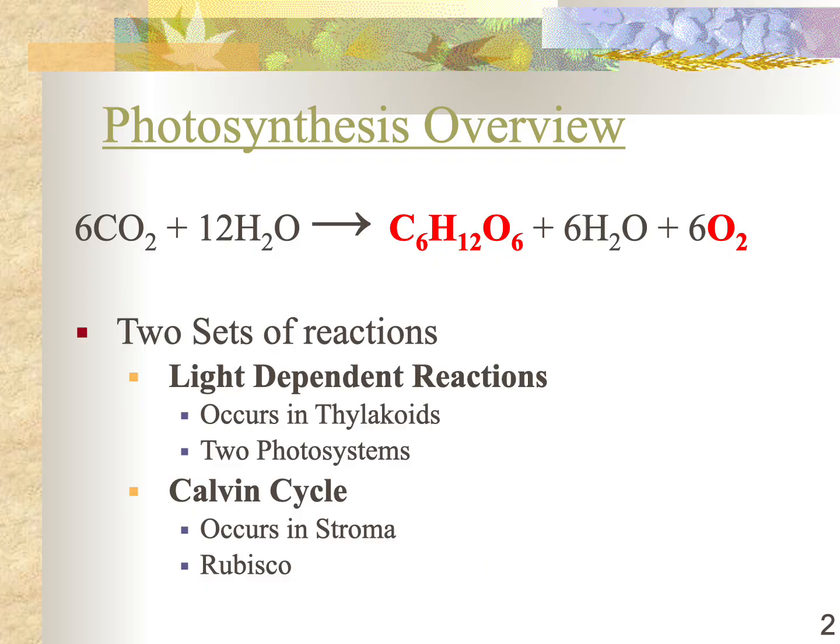This is accomplished through two sets of reactions: the light-dependent reactions that occur in the thylakoids, and that involves two photosystems where groups of chlorophyll break open water to release the oxygen and hydrogens and electrons, and then to make ATP. Then that ATP and those hydrogen ions and electrons go into the Calvin cycle, where CO2 in the stroma is reduced to glucose.